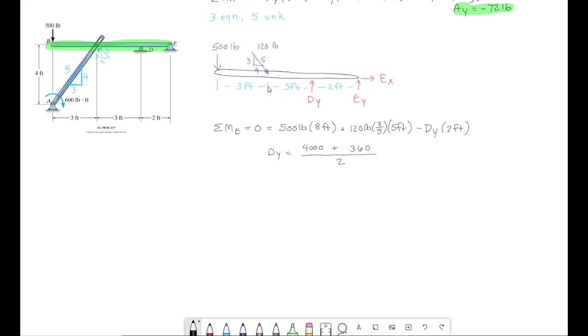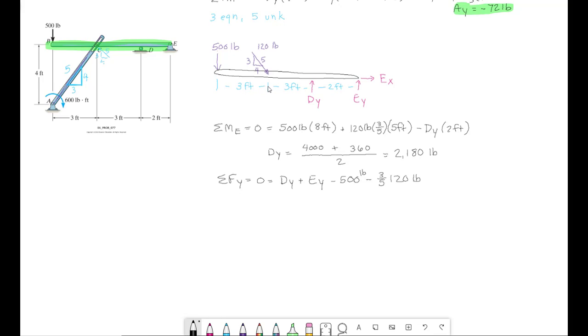All right, so the 500 pounds times 8 feet is 4,000 pound-feet. 72 pounds times 5 feet is 3,600 pound-feet, divided by 2 feet when I bring it over to the other side. So we get that DY equals 2,180 pounds. So it's pound-feet divided by feet. So sum of forces in Y equals 0 equals DY plus EY minus 500 minus 3/5 of 120.